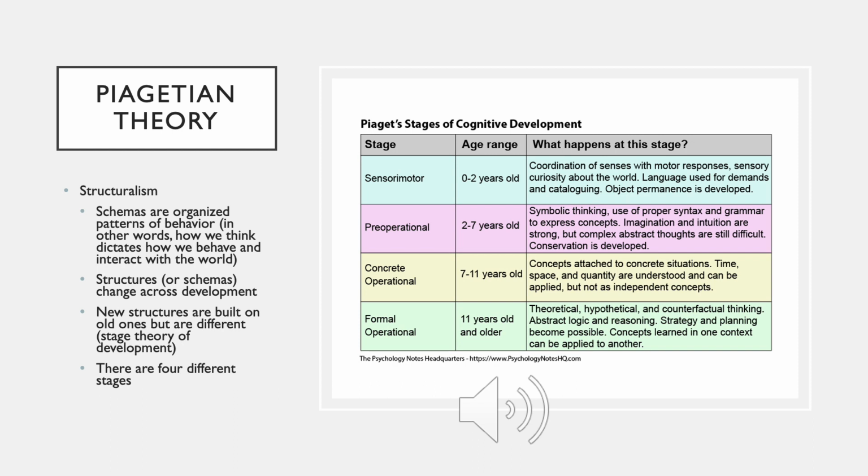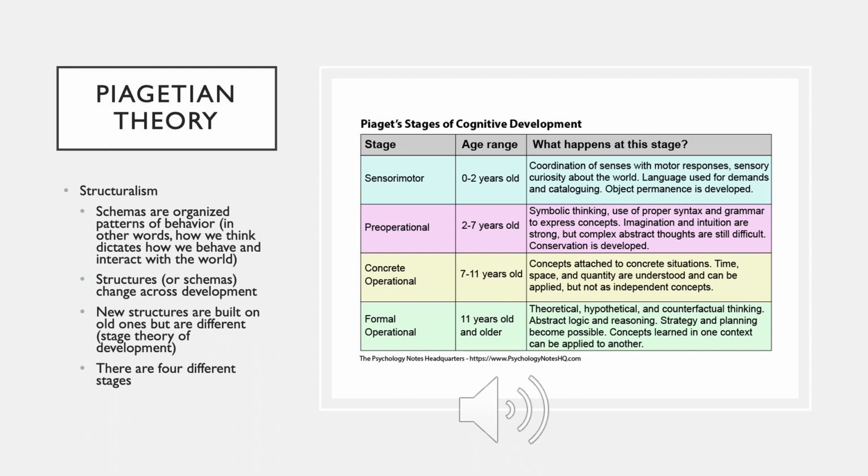So as I was mentioning on the previous slide, Piaget is a stage theorist of cognitive development, and with structuralism, he is looking at how those schemas that we talked about on the previous slide, so those file folders or boxes within our head for all that information, how those schemas or ways in which we organize information across time change.